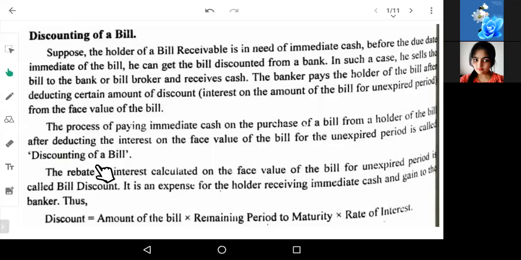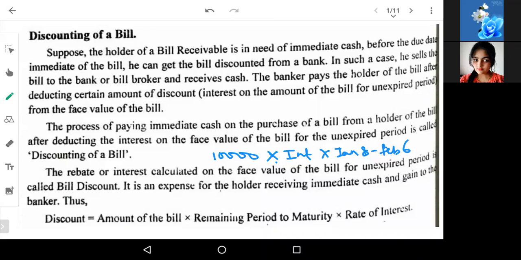Okay, good. Now next, the rebate or interest calculated on the face value of the bill for the unexpired period is called bill discount. Now the interest is calculated on face value. 10,000 rupees is the face value in our example. Now on this, if they calculate the interest amount for the unexpired period, that is Jan 8th to February 6th, they'll give you a percentage.